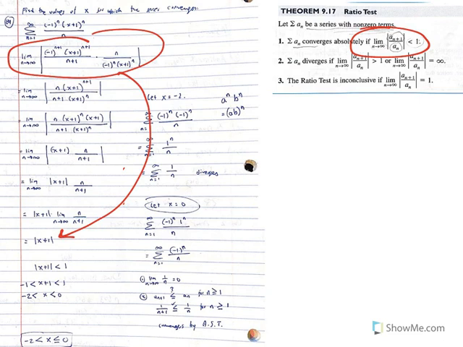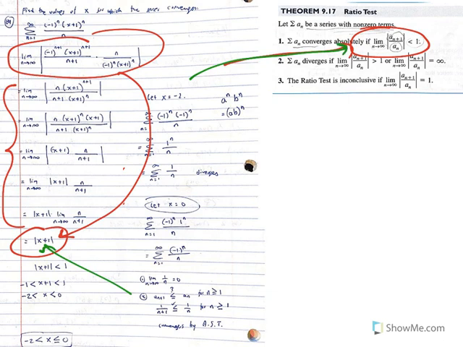What we've found from our work here is that this limit is the absolute value of x plus 1. So whether this limit is less than 1 depends on the value of x. So for what values of x will this limit be less than 1, and therefore our power series will converge absolutely? That's the question that we're trying to answer.